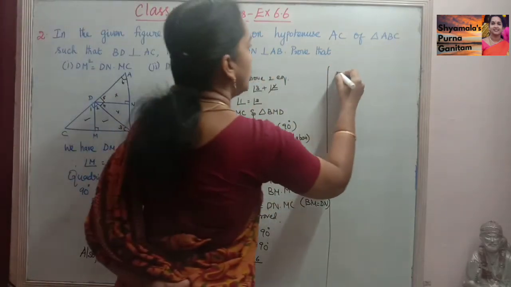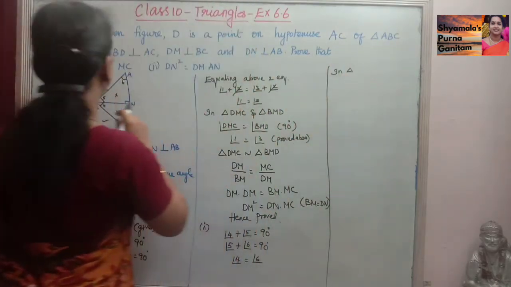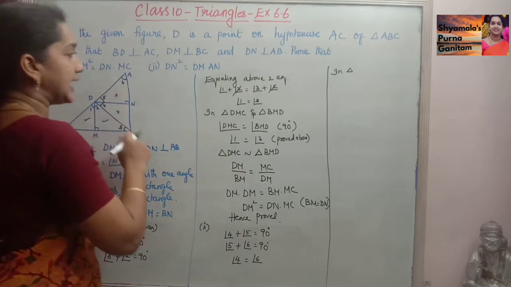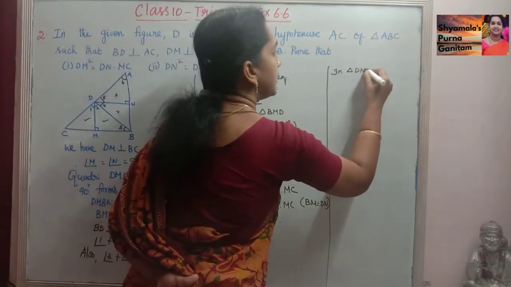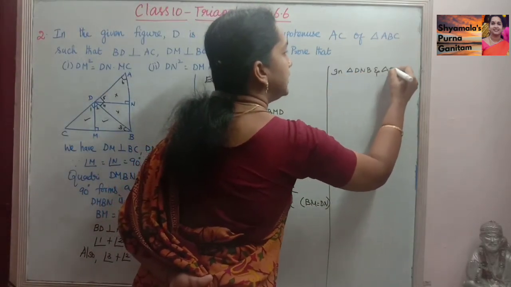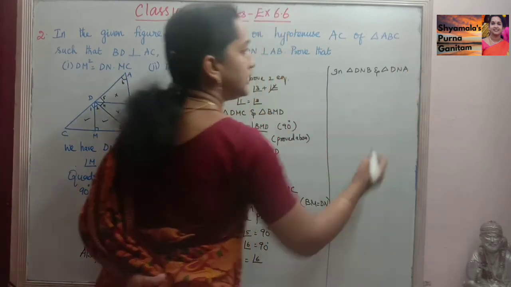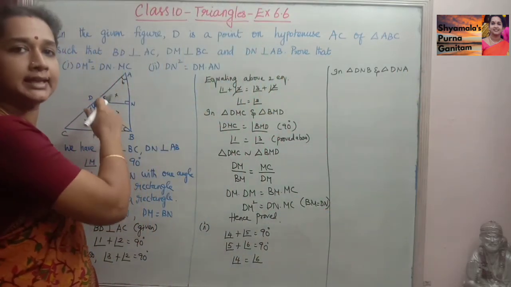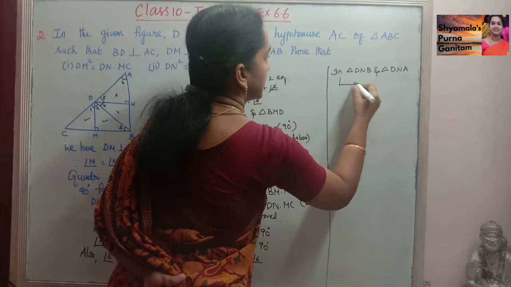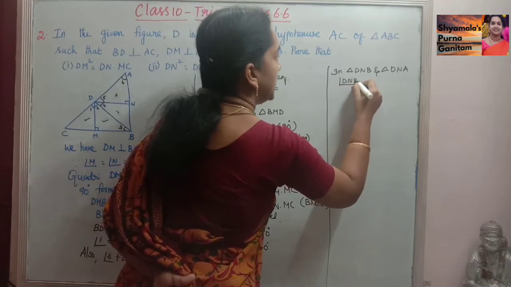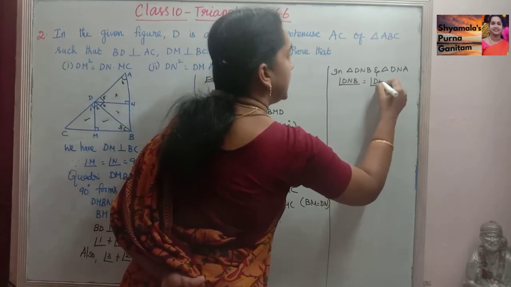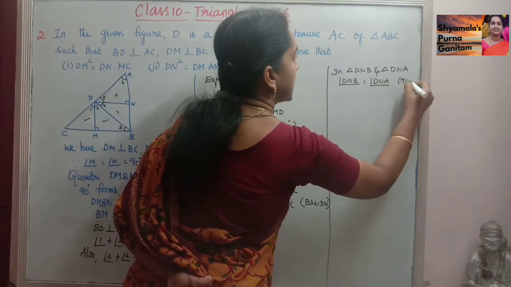Now in triangle DNB and triangle DNA, angle N is 90 degree, perpendicular. So angle DNB is equal to angle DNA, this is 90 degree.